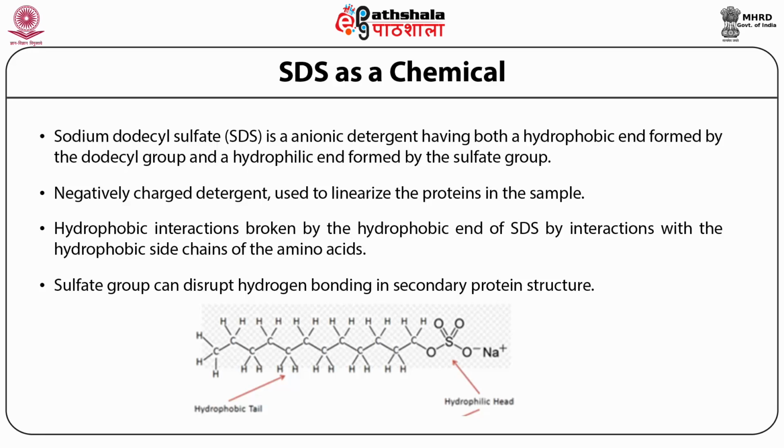The SDS-covered negatively charged protein molecules move through the gel matrix. Smaller molecular weight proteins are able to navigate through the pores in the matrix more rapidly than those with a high molecular weight. Thus, proteins in the sample are separated by size and relative molecular weight irrespective of the charge.